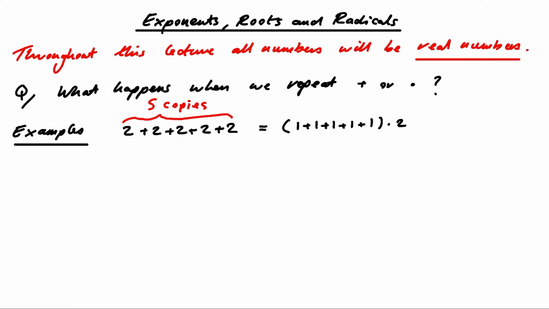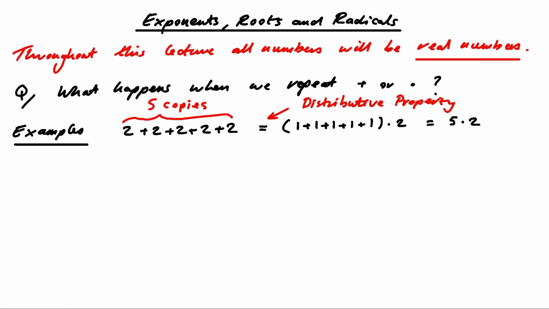So this is the distributive property. And what's that equal to? Of course, 1 added to itself 5 times is 5. So 5 times 2, which is 10.